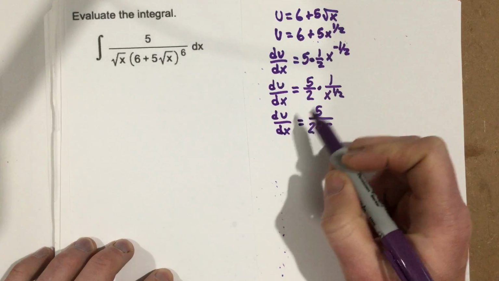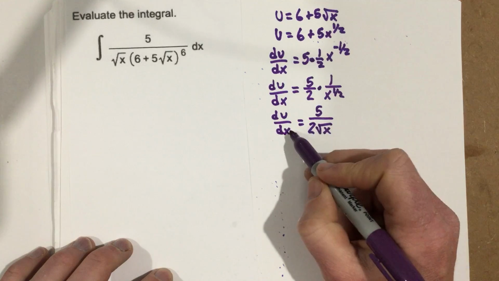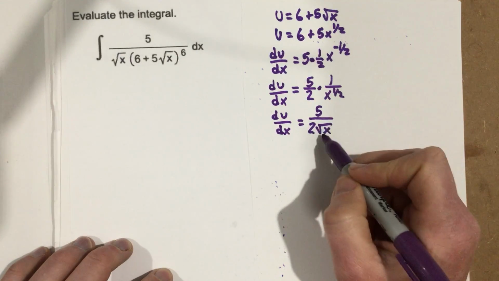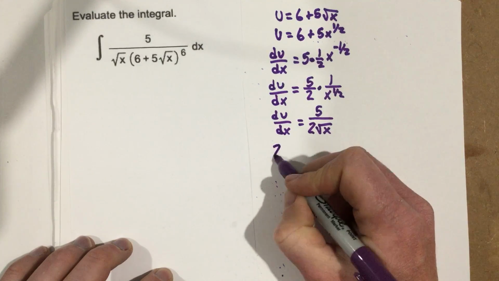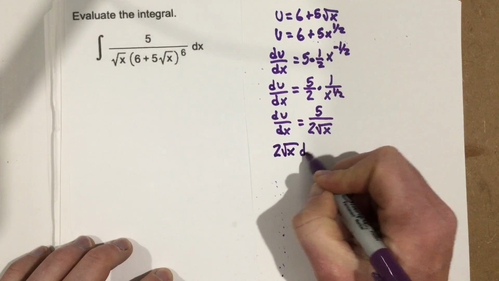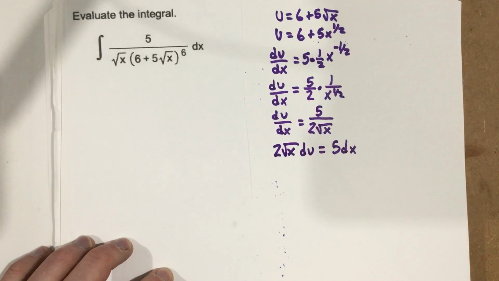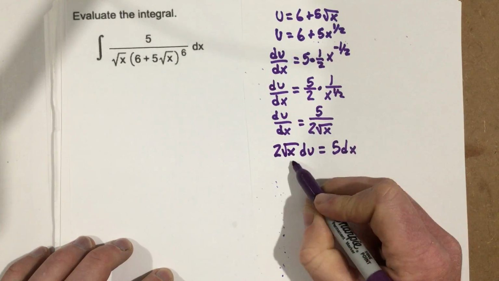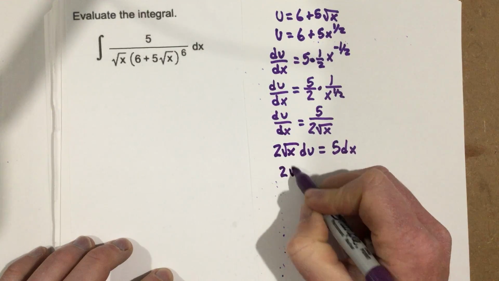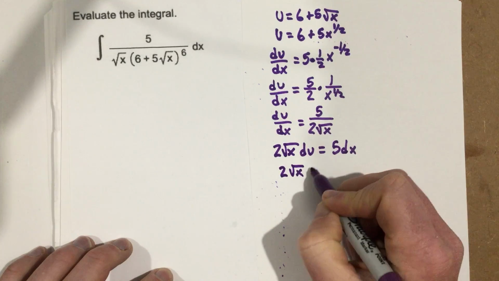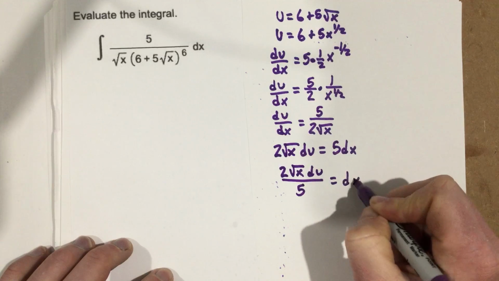So I'm going to go ahead and multiply dx across. So let's just cross multiply. We'll multiply the dx across and multiply the 2 root x over. So we get 2 root x du equals 5 dx. Next step, we're going to divide by 5, and we get 2 root x du over 5 equals dx.